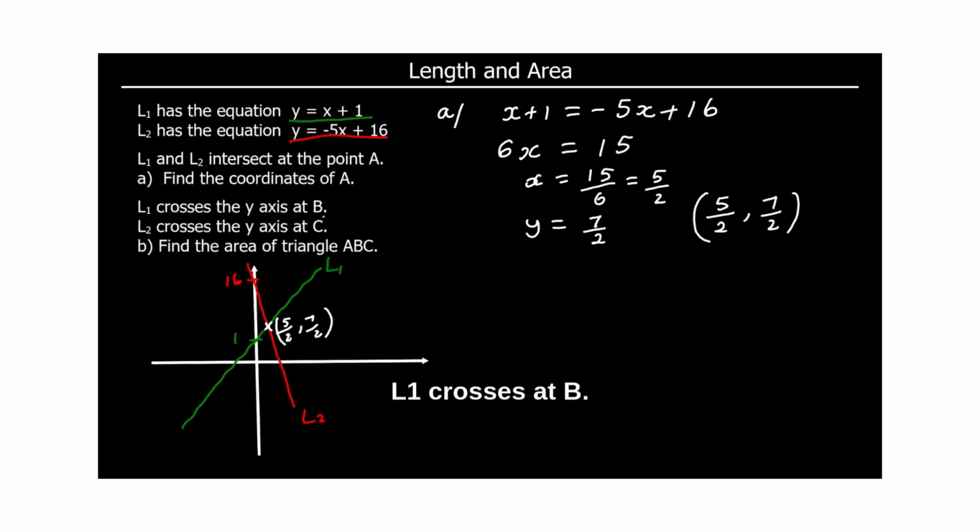L1 crosses at B. So this is B, this is C, and this is A. And we want the area of that triangle. So it's this triangle here. To find the area of a triangle, we can do half times base times height.